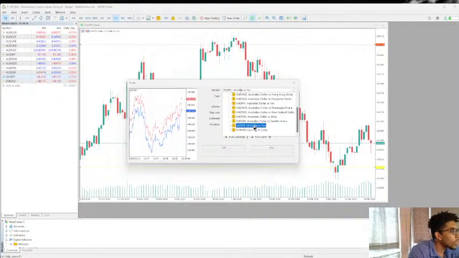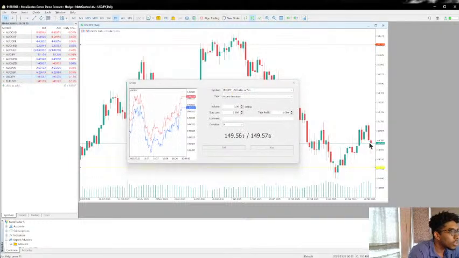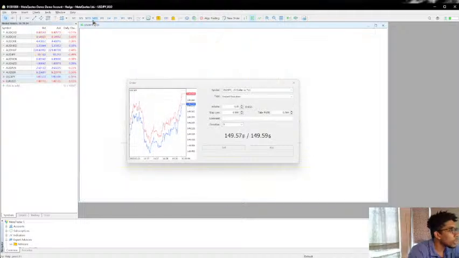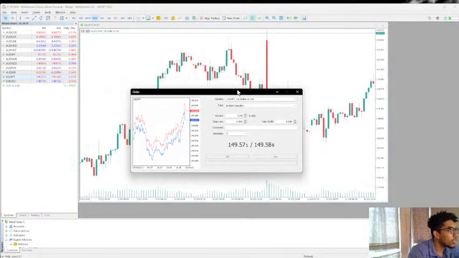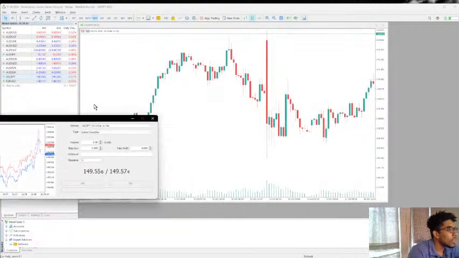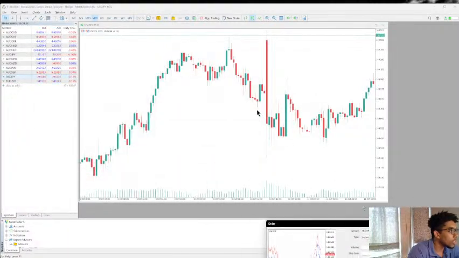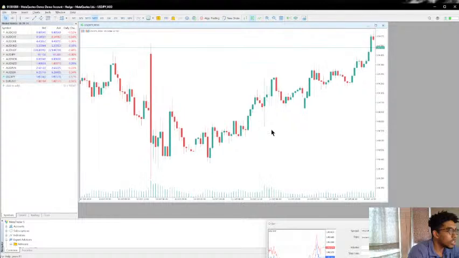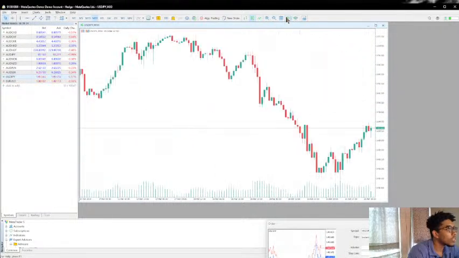So let's put in a trade. We think it's going to go down. We can look at smaller time frames. There's a lot more volatility, so it's hard to predict things.